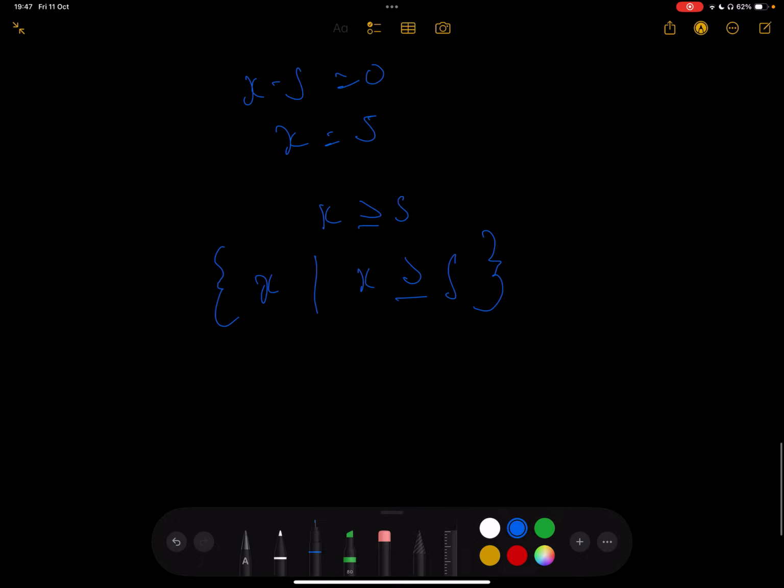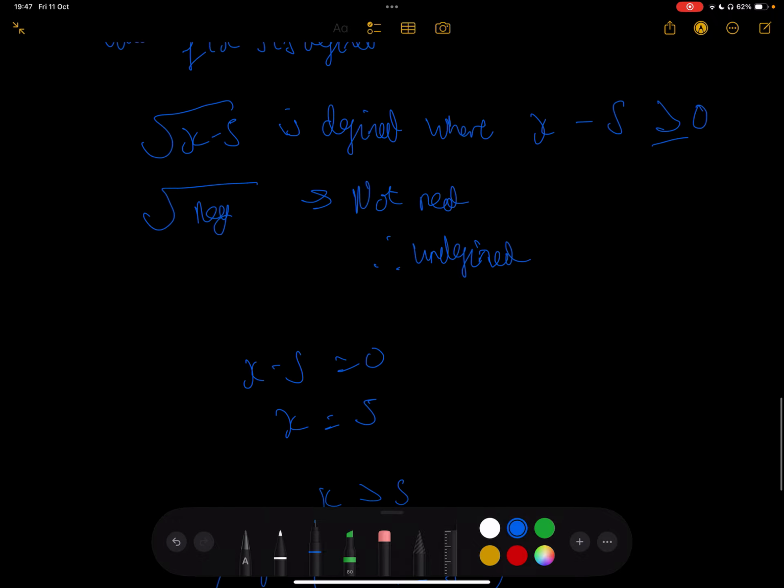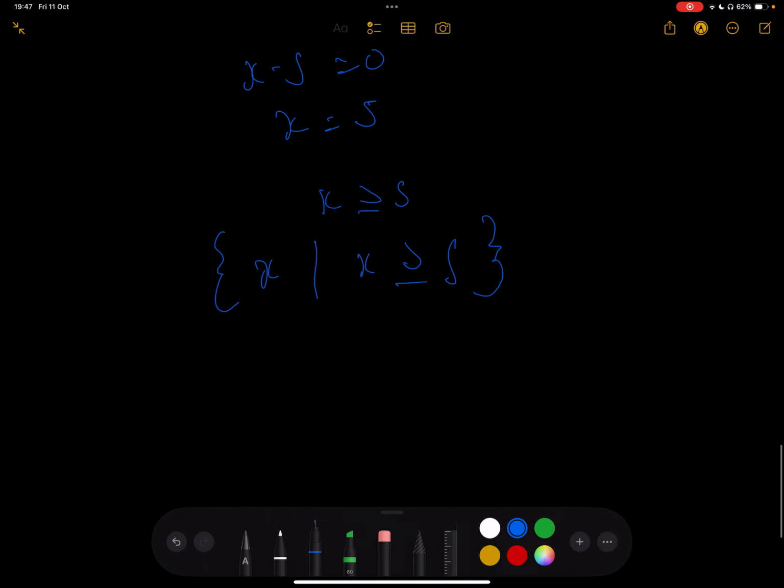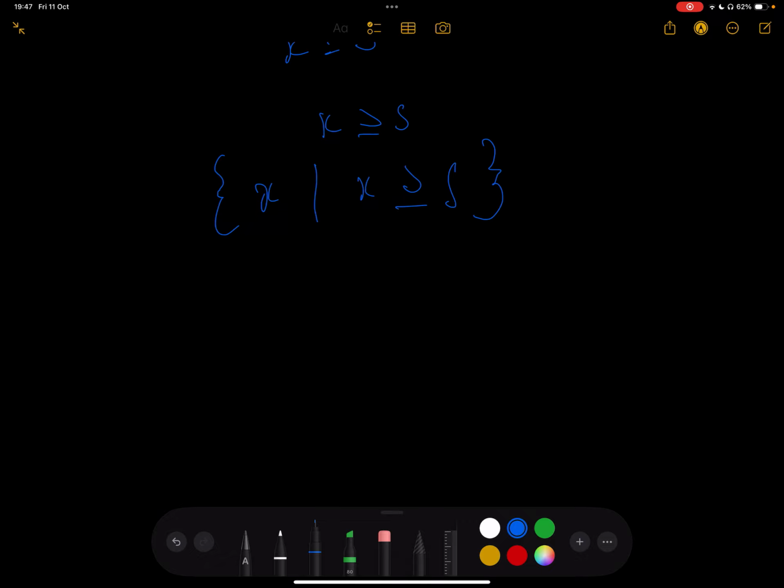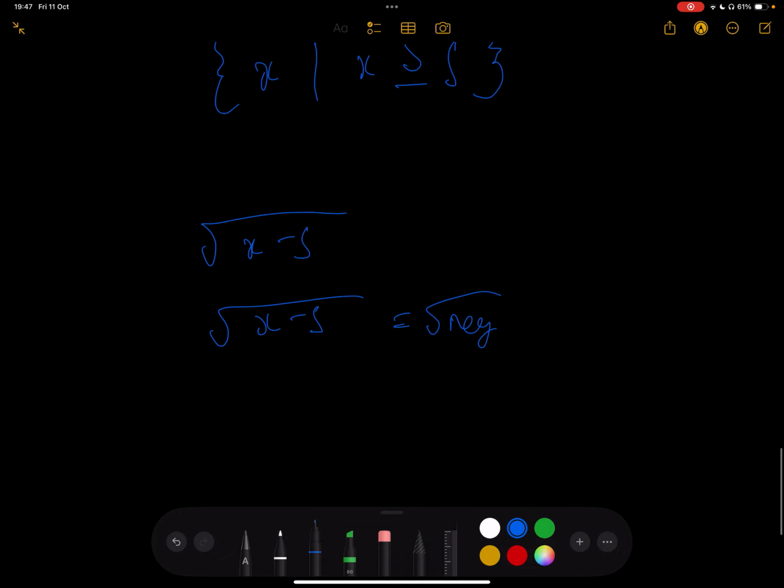Now we're going to be looking at the range. As we know that the function is undefined where root x minus 5 is the square root of a negative number, that would mean that the square root cannot be negative.